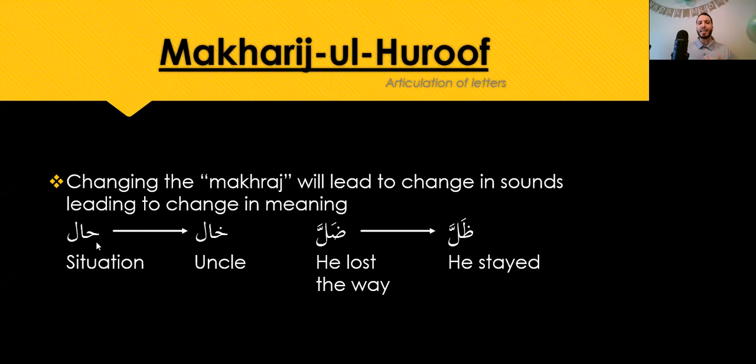Instead of saying 'the situation is this,' I'm now saying 'the uncle is this.' It's a totally different meaning, right? The uncle meaning the brother of the mother. Khal is from the mother's side. So the meaning is different.